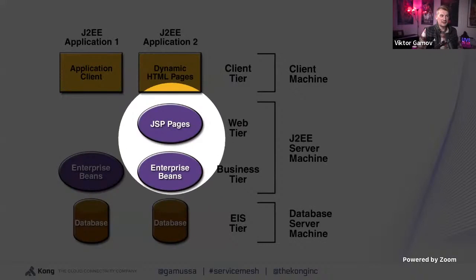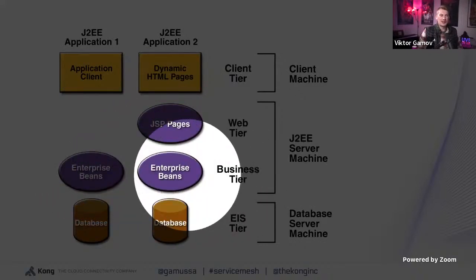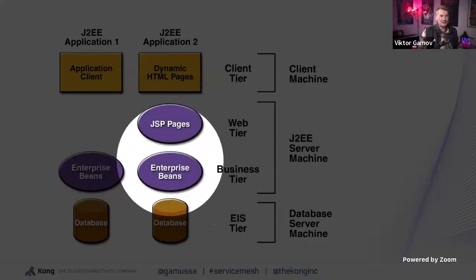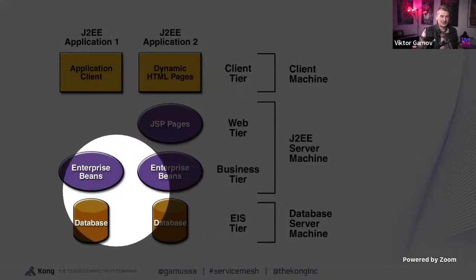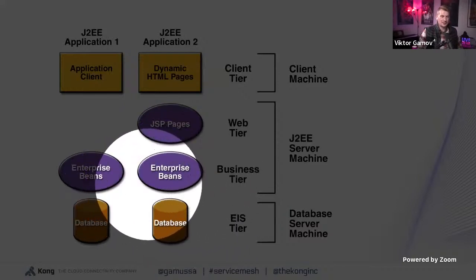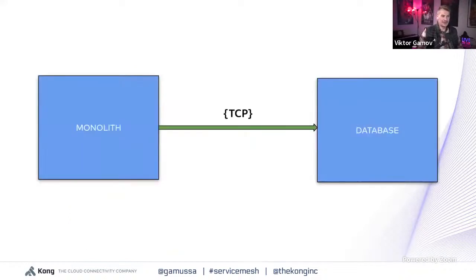Some business logic, some of the logic the application does, those beans can be invoked locally or remotely. And also the connection to the database, usually for resiliency, we don't want to put in one place. So even when we're talking about a monolith, this still involves connectivity. Even if it's a monolithic application, we still have some sort of network communication through the system.